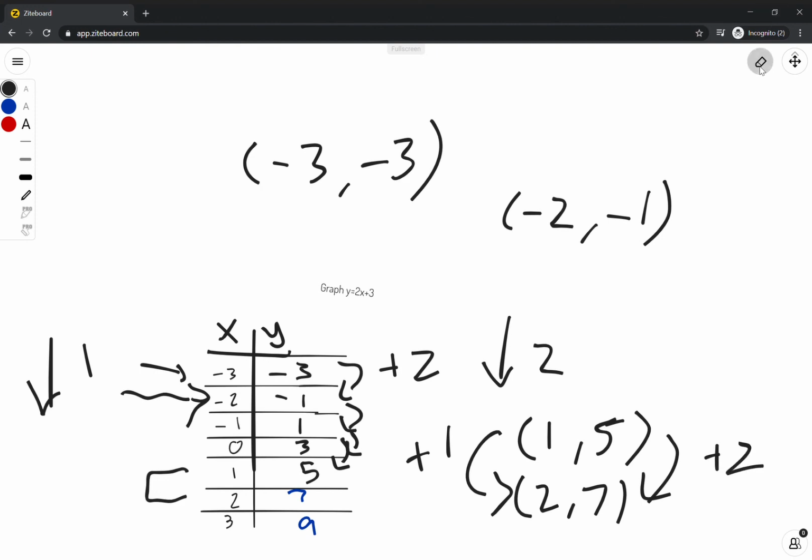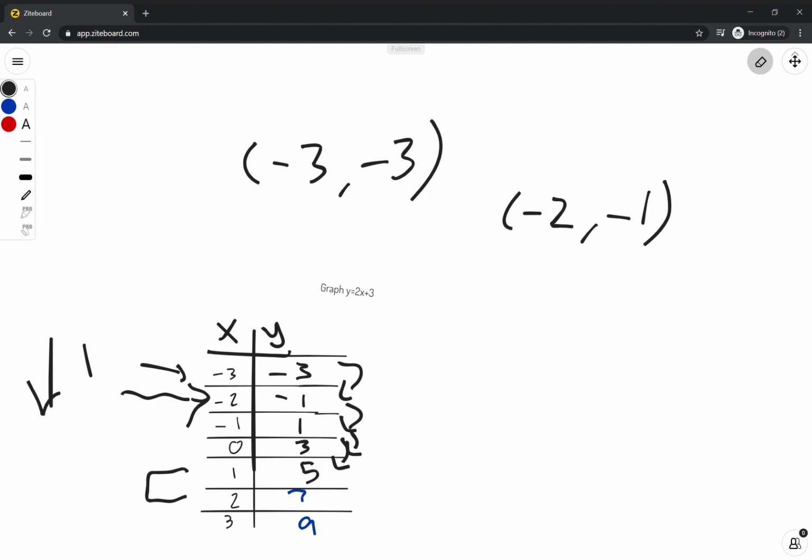Why is this? Or more importantly, is this predicted somewhere in the equation? It actually is. If you look closely, you'll see that this coefficient value, or the value before the x, tells us the slope, which is the technical term, but kind of how much the y increases per every increase of 1 of x.